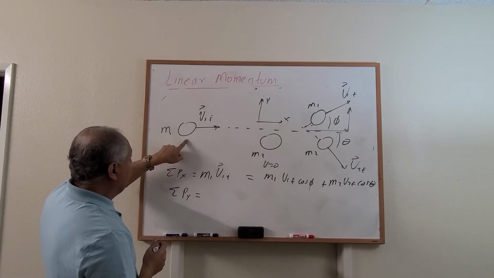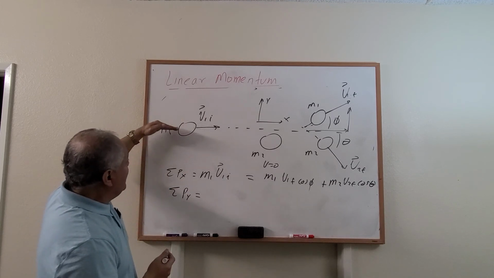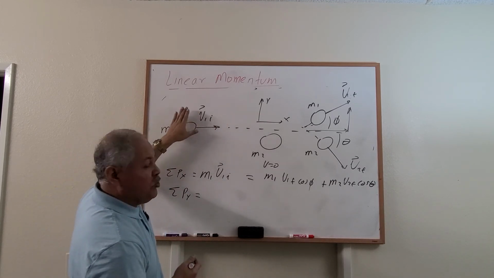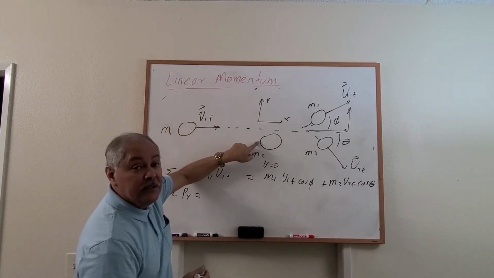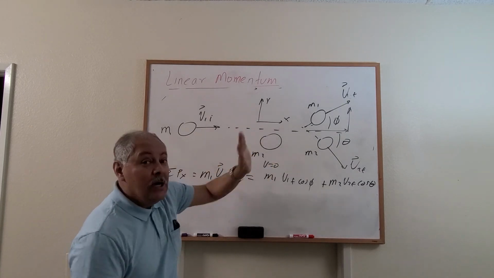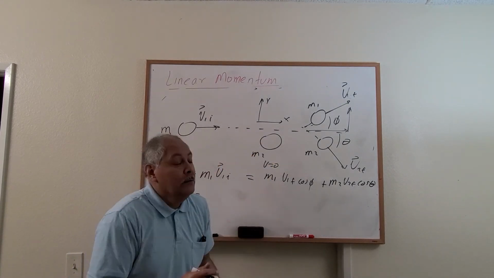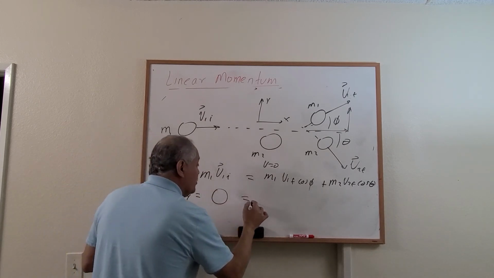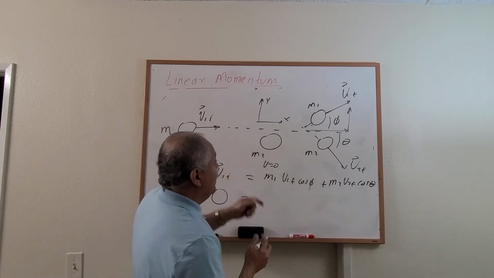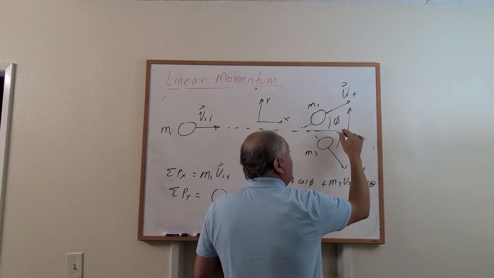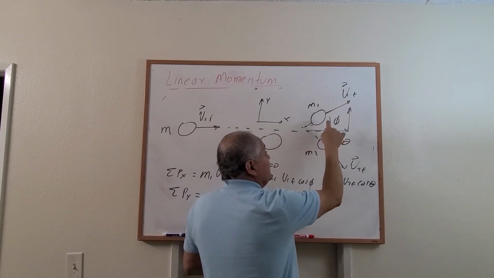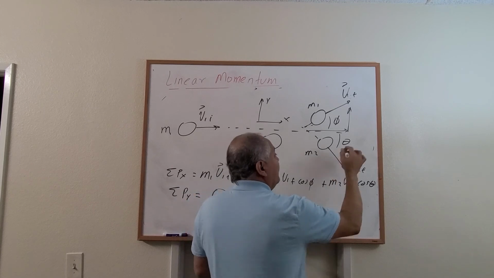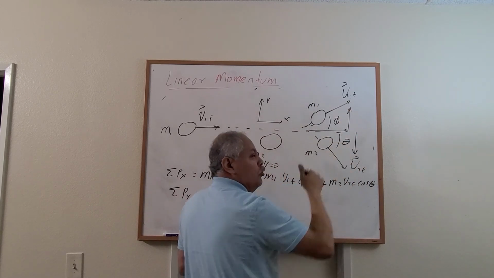At the beginning, we have only an x component, so y is 0. Here the velocity is 0, so momentum is 0 in x and y. So what do we have at the beginning? 0 equals what? Now we have this component going up for m1, and for m2 the component goes down.